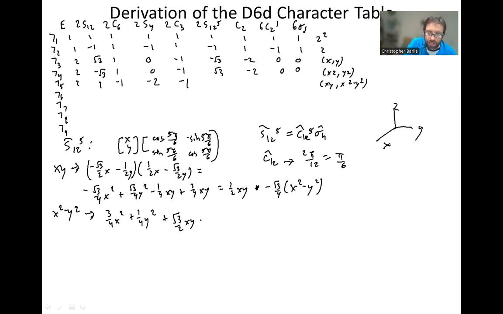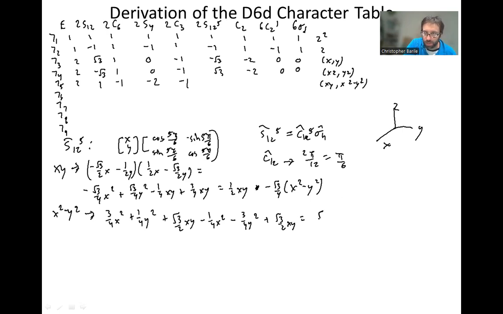And then we have the minus y squared, so we take this component as minus, remember to minus everything. So that's going to get us minus 1/4 x squared, and then minus 3/4 y squared, and then minus, but it's a minus of a minus, so it's going to be a plus of a root 3 over 2 xy.